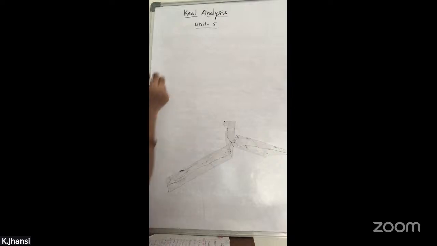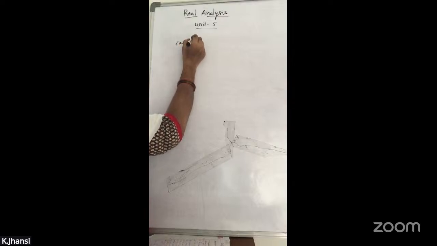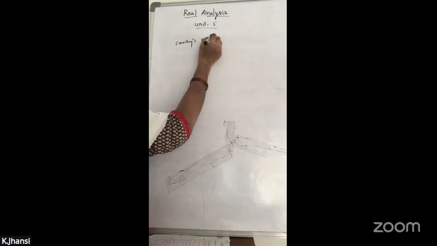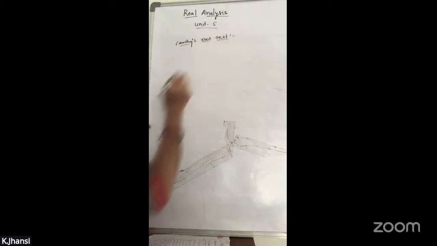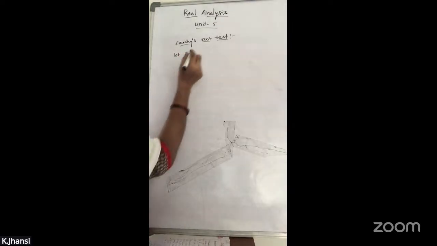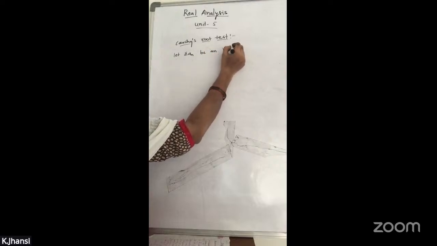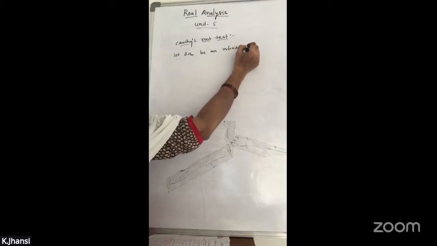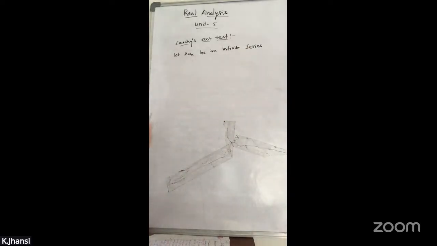Next is Cauchy's root test. The definition is: let summation an be an infinite series of positive terms.